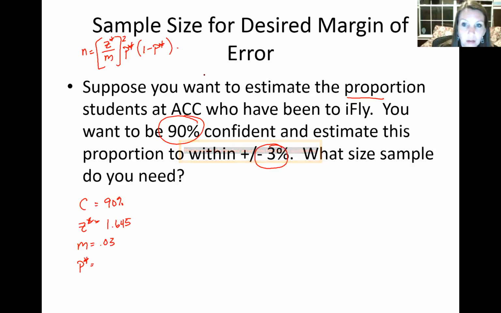Now this problem did not give me any pilot study information or anything else to go off of, so I really have no idea on this proportion. So if I have no idea, then the value to use is 0.50 or 50%.